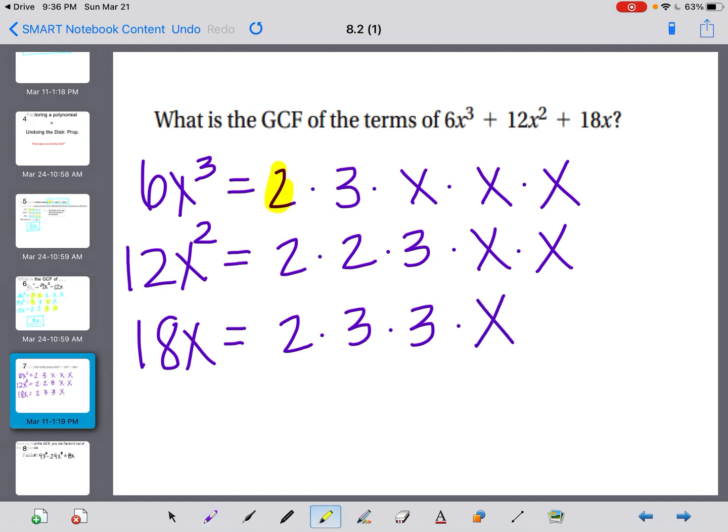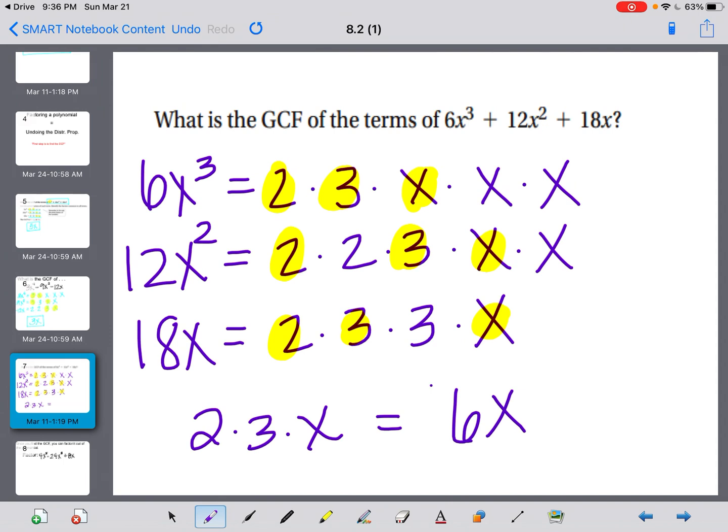Okay, they definitely have these 2's in common. They all have a 3, and they all have an x. So that means I have 2 times 3 times x, which gives me a greatest common factor of 6x.